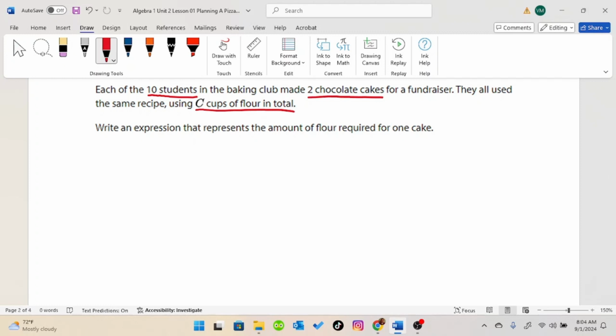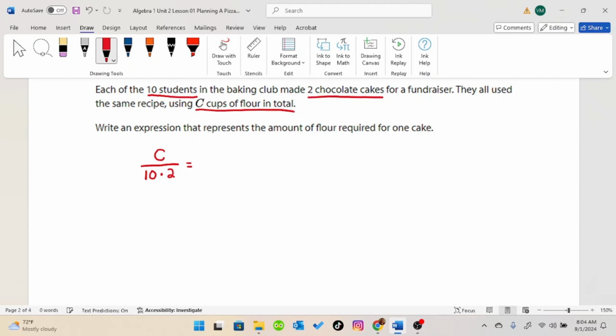So what we need to do is take our 10 students and multiply that by 2 cakes each. And then we're going to need to divide the total flour by each of those cakes that was made.